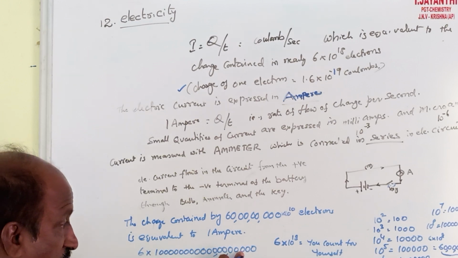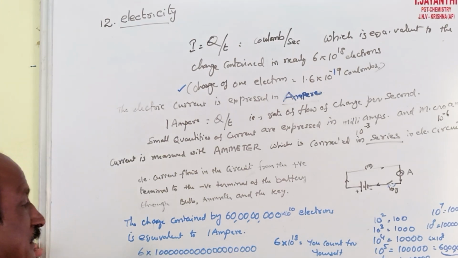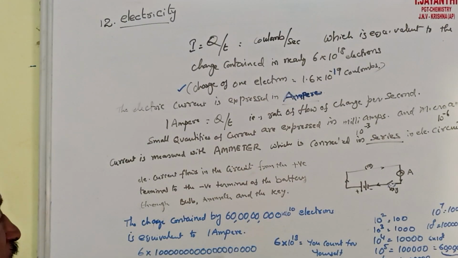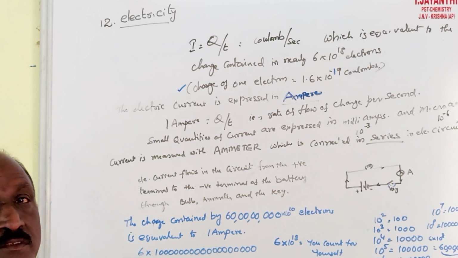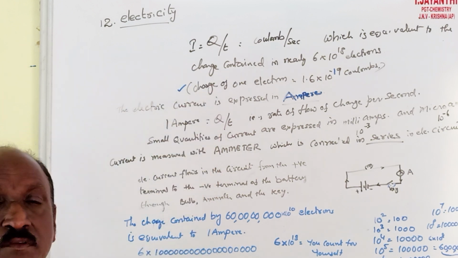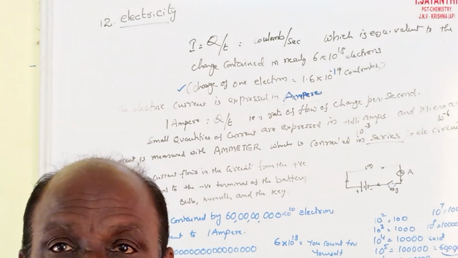This much of value is given. 6 into 10 power of 18 is equal to this much. So this many electrons' charge is equivalent to 1 ampere. Okay, thank you.